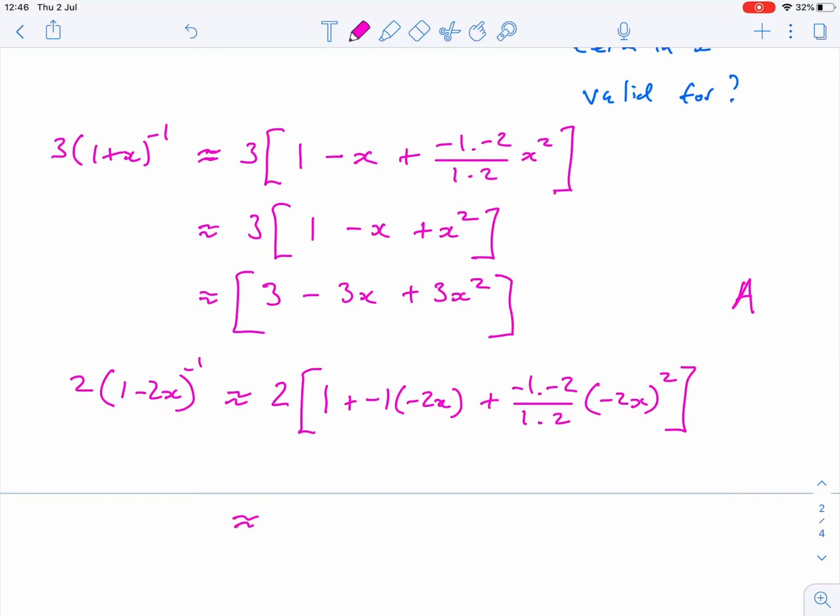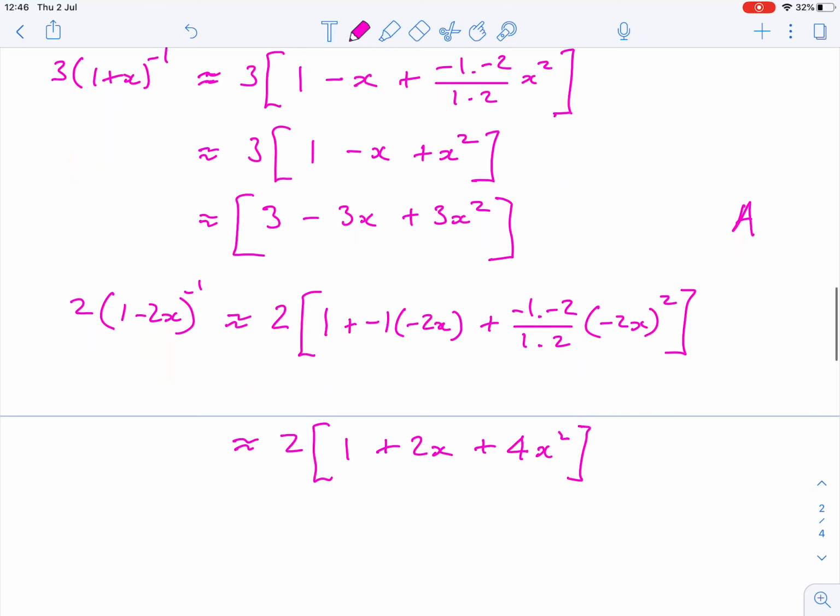So that will be approximately 2 times 1, and then I've got plus 2x. Sort out the next one. There are 4 negatives, so it's going to be positive overall. The 2s cancel out before the bracket, but I'll have the 2 squared in the bracket, so it's going to be 4x squared. So that comes to 2 plus 4x plus 8x squared.